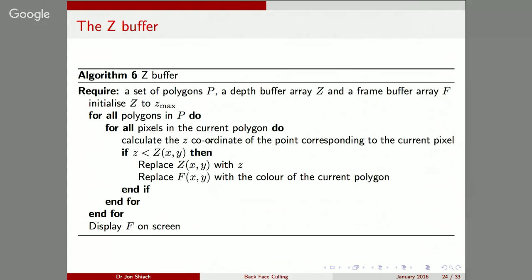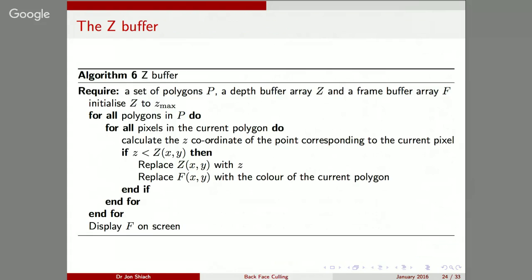I've got this algorithm here. It's slightly more complicated. With the Z buffer, you start with a set of polygons, a depth buffer array, which I'm going to call Z, hence the word Z buffer, and a frame buffer array F. Z and F are just large matrices which are the same size as the pixels on your screen.